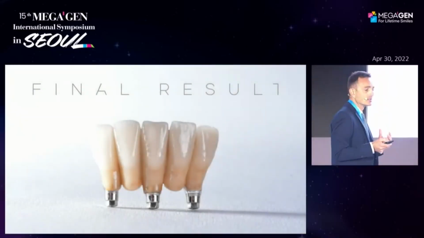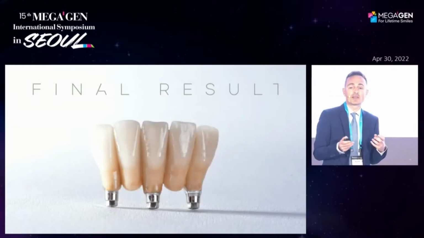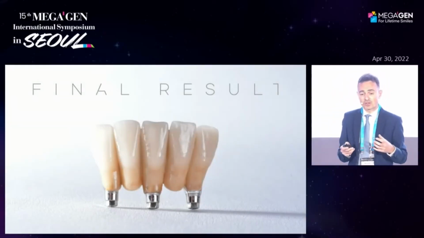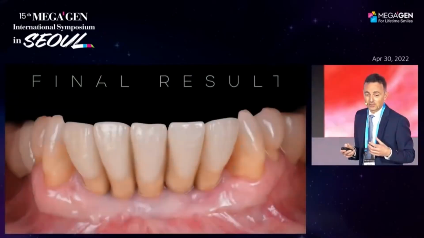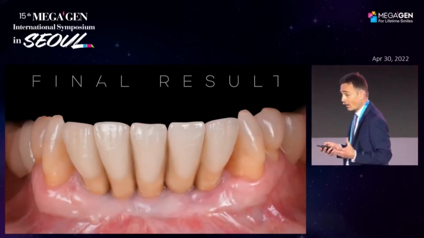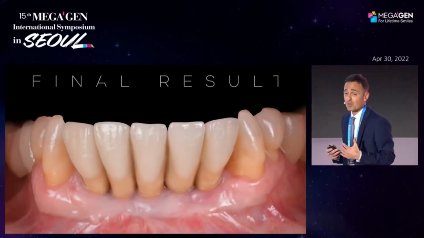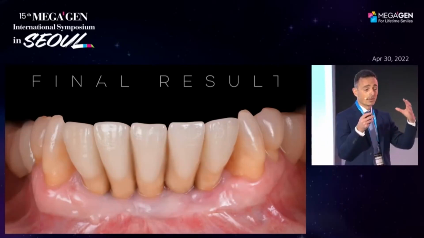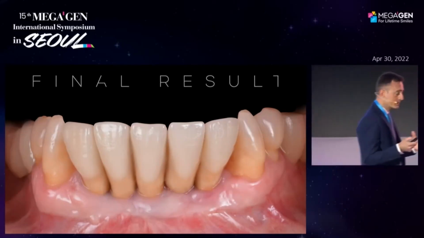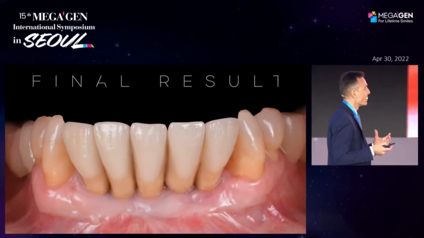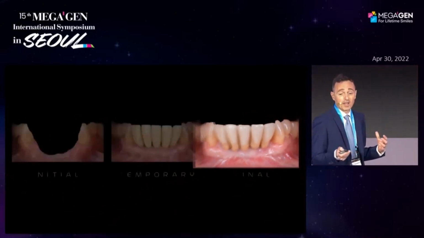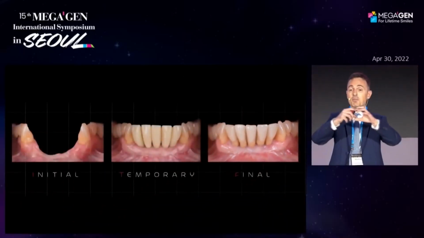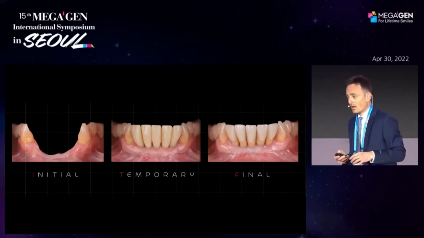I decided to deliver this screw-retained metal ceramic bridge. I'm very happy, the patient too, because we reached our final goal. We have the right color and shape, good mimetism, and we also have what we want around the implant: a great band of keratinized soft tissue.